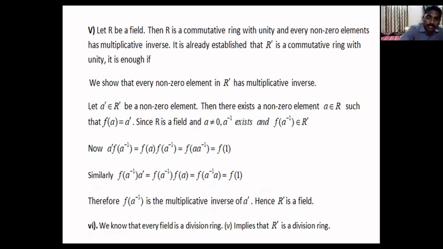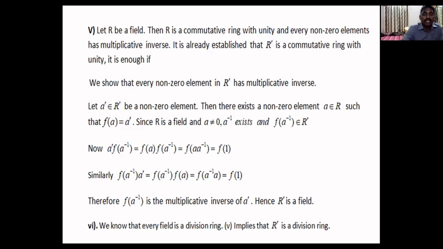And the fifth one, if R is a field, then R dash is also a field. Just using the definition of field. Here a field is a commutative ring with unity in which every non-zero element has a multiplicative inverse. Here we have to prove that non-zero elements in R dash possess a multiplicative inverse.